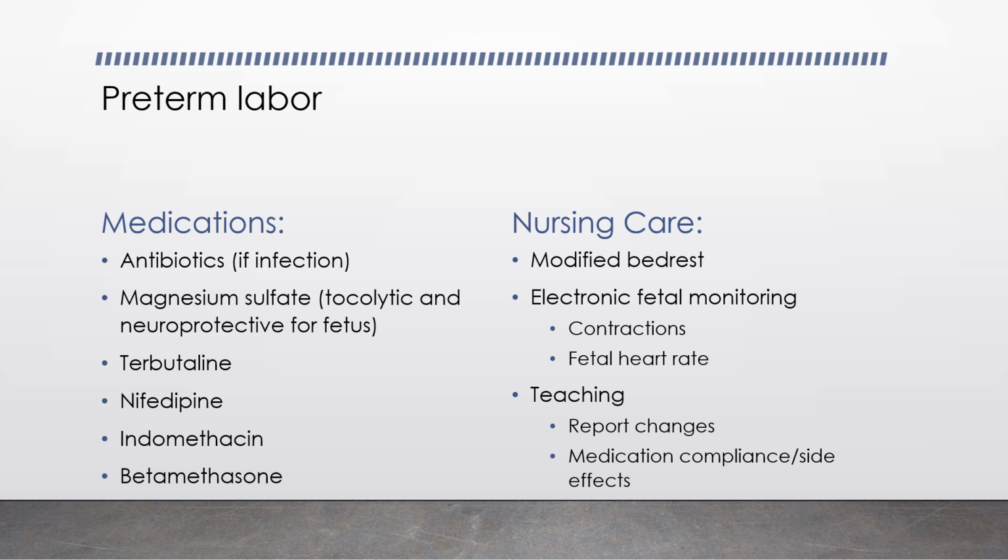We'd want to monitor for contractions and of course fetal heart rate, report any contractions that the patient is having. We should palpate for the strength of those contractions as well. And then for teaching, having the woman report any kind of change in her uterine activity or fetal activity, and then teach about medication administration and side effects.